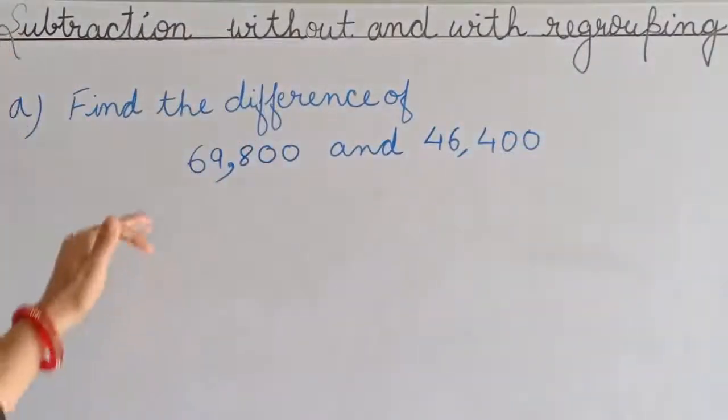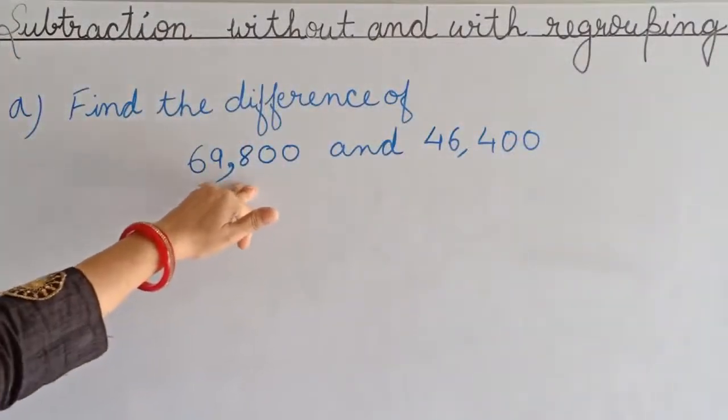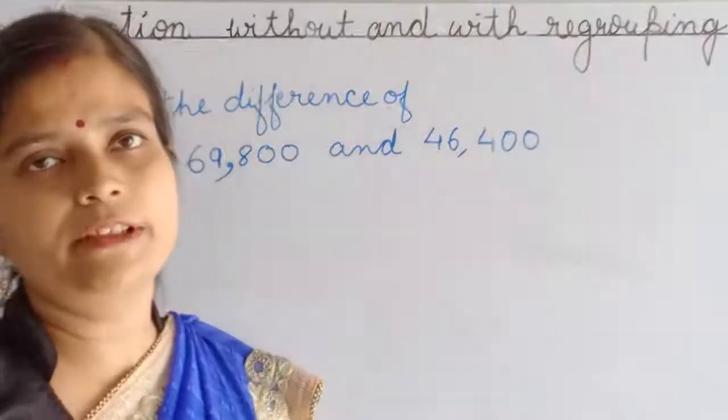So you have to find the difference of 69,800 and 46,400.